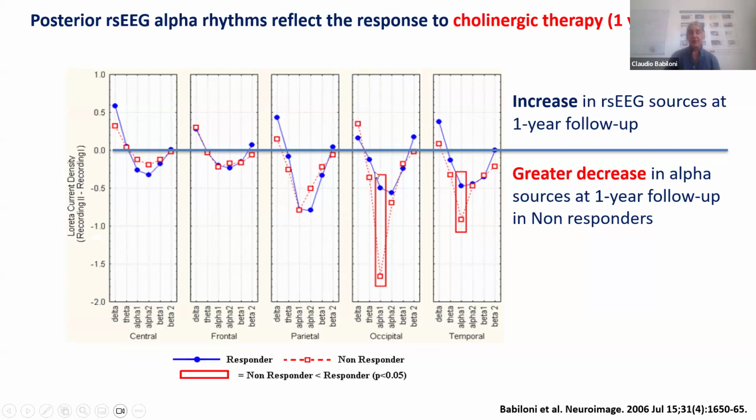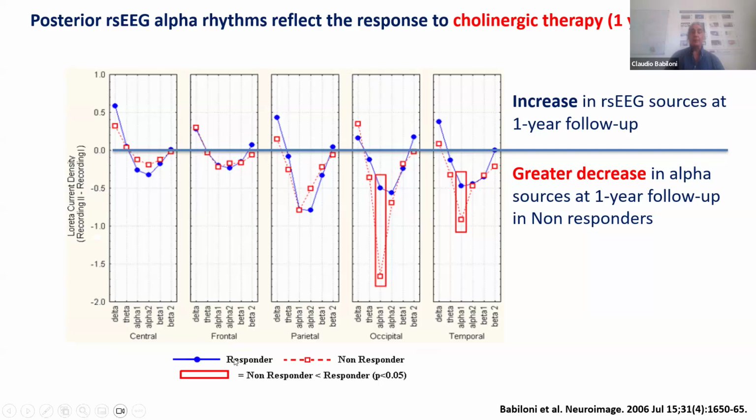And you see that the red population of non-responders to cholinergic therapy show a very dramatic reduction of alpha at the follow-up, very big negative values of the difference. And especially in the occipital and temporal regions of interest for the source estimation.